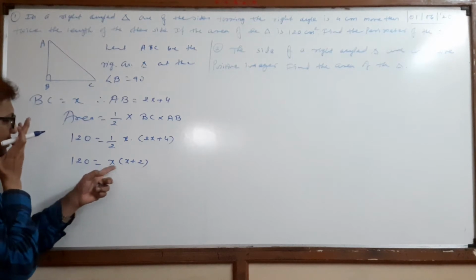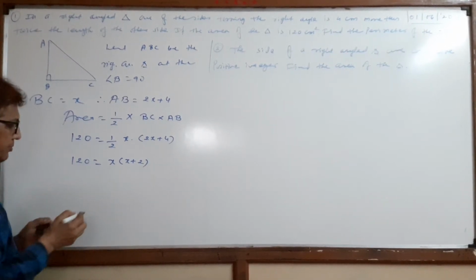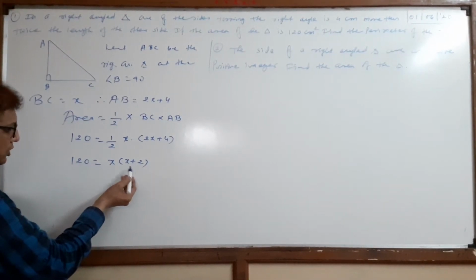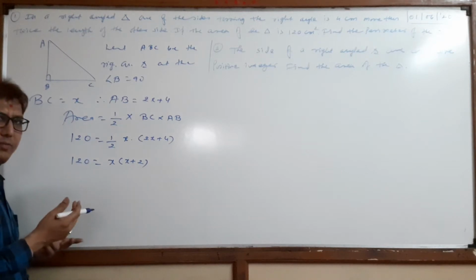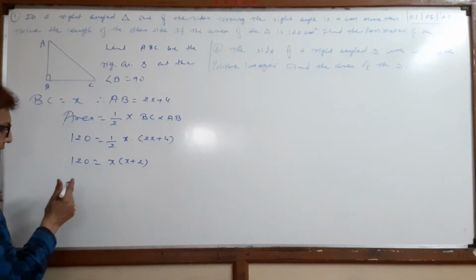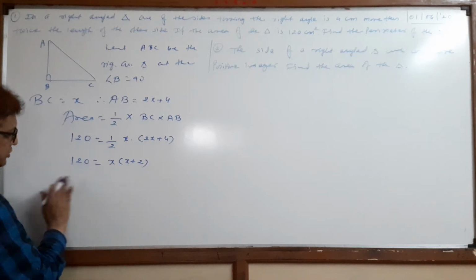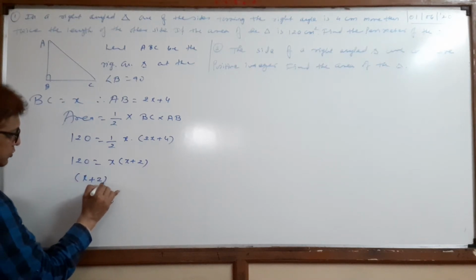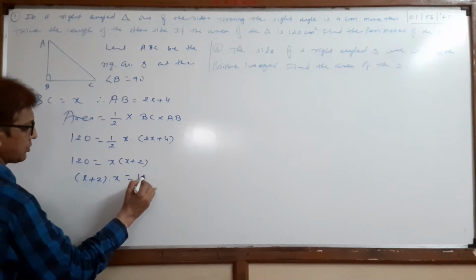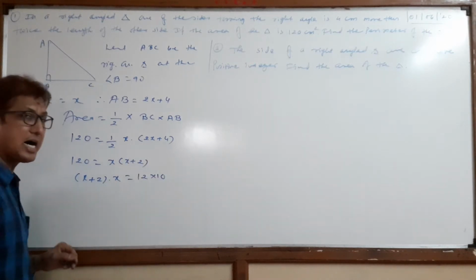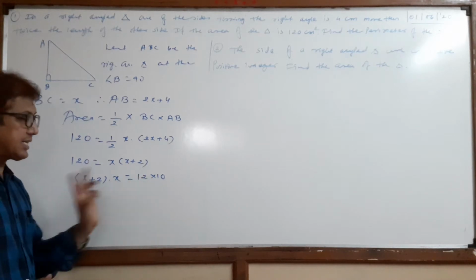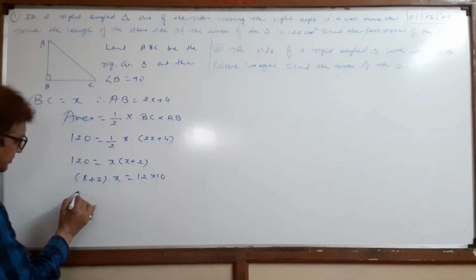Clear? Now here we directly solve this equation because the difference between these two numbers is 2. So we factorize, the difference between the factors is 2. So x and x plus 2 equal to 120. Otherwise you can write x plus 2 into x equal to 12 into 10.